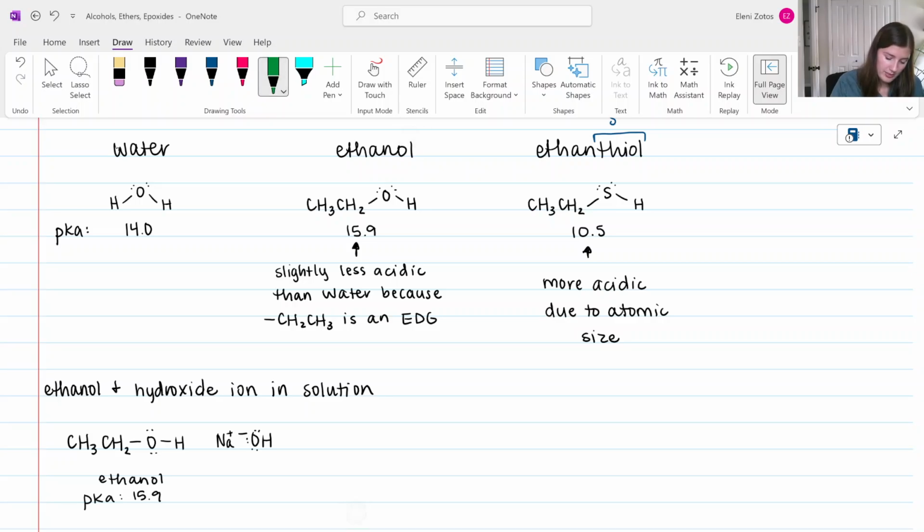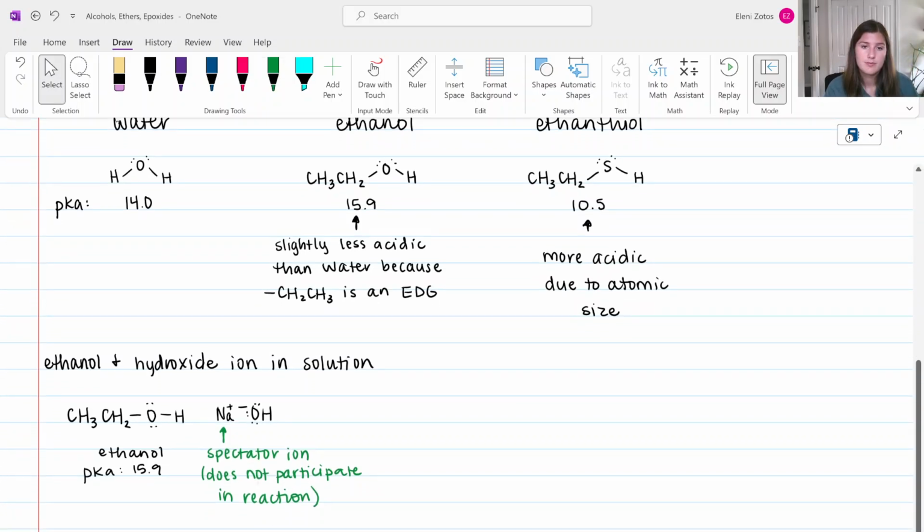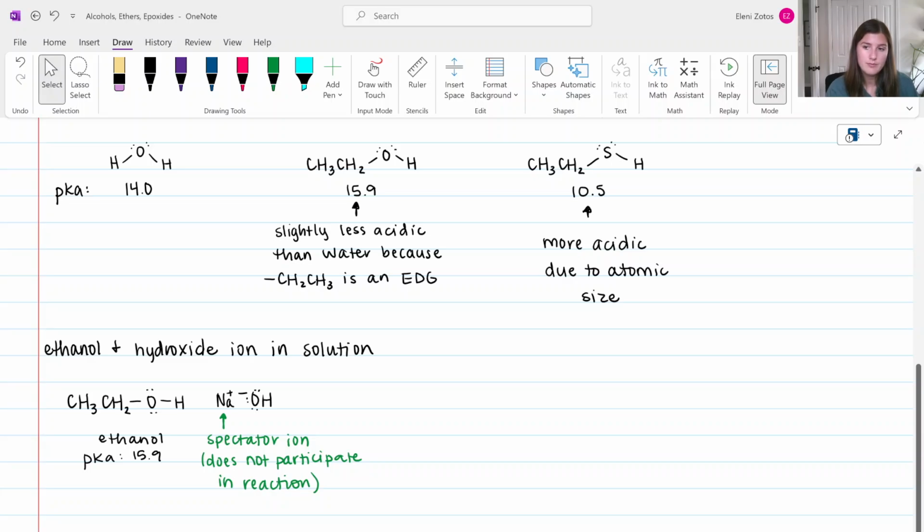Remember that sodium is a spectator ion, which means it does not participate in the reaction. It's only there really to balance the charge. That's the way that we use it when we're writing out a reaction this way, is that we use it to balance charge.